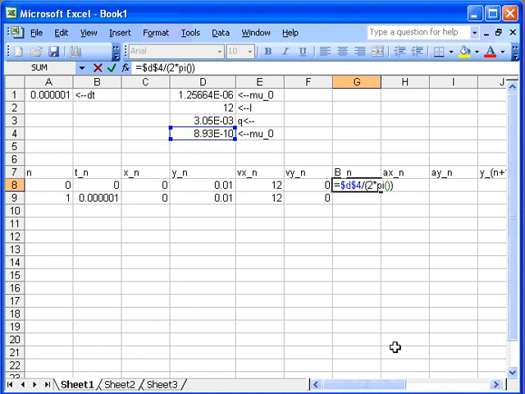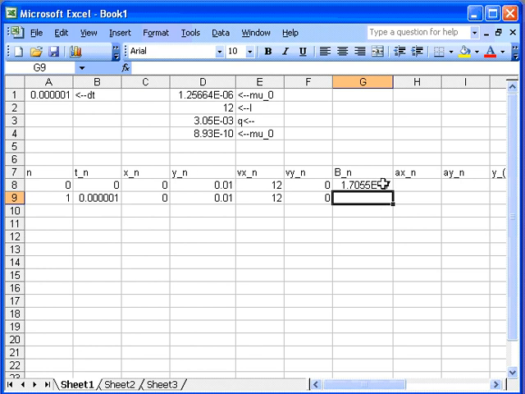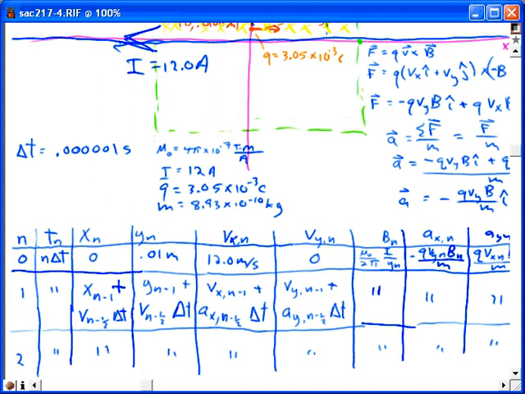And then that whole fraction is multiplying I, which is this value right here. I'll put it in absolute addressing, so $D$2. And then over y sub n, which is this value. Okay, and that one just gets copied down. It's just ditto marks here.